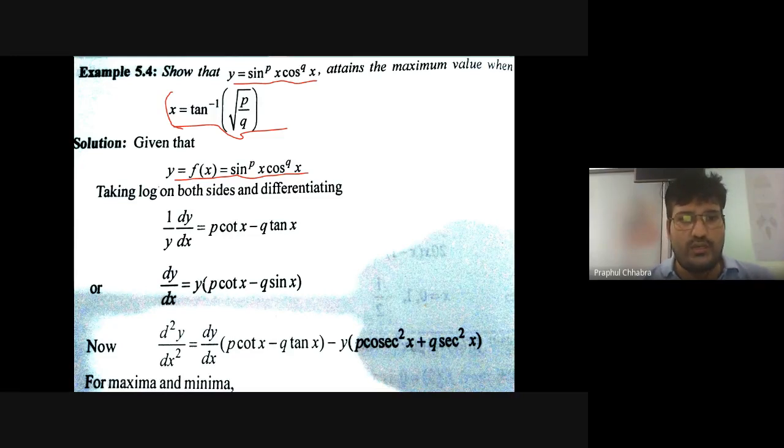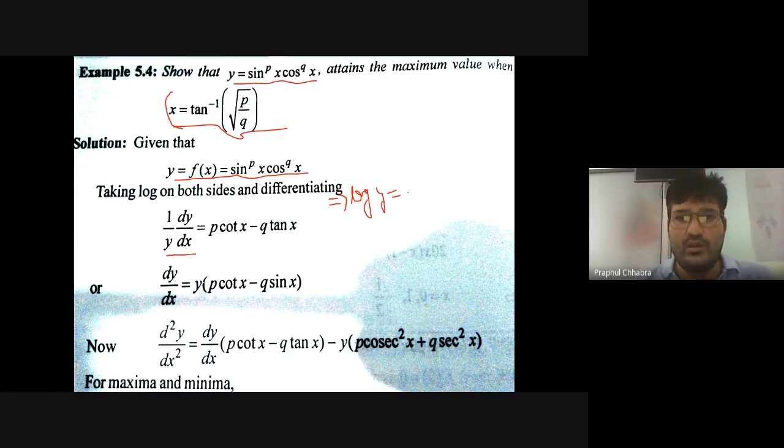So if we take log and then differentiate, what will we obtain? We obtain the differentiation of log y will be 1 upon y dy by dx. Here we are taking log on both the sides. After this step, we can differentiate directly, there is no need to take log, and we can also take log, no problem.